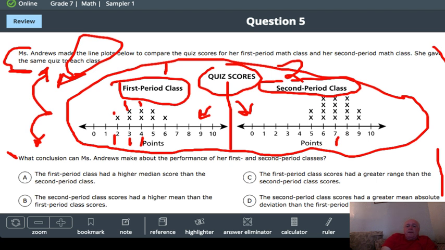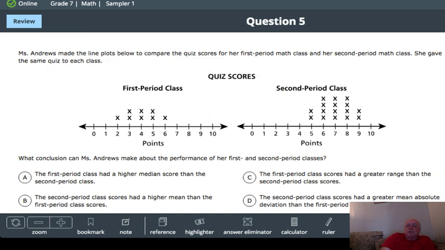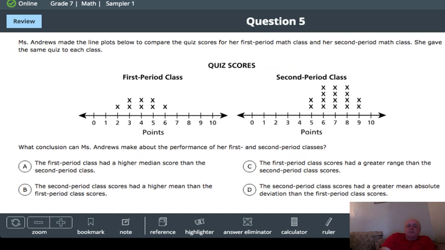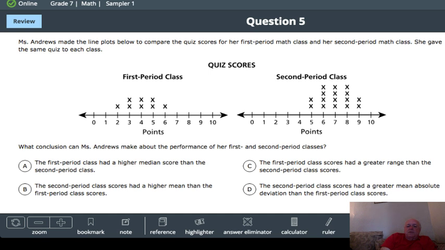Okay, so now given that, what conclusions? What I'm going to do is clear all these lines because I'm going to bring this up slightly. Actually, let me see if it's on your screen. Yes, it's on your guys' screen too now. So what conclusions can Miss Andrews make about the performance of her first and second period classes?